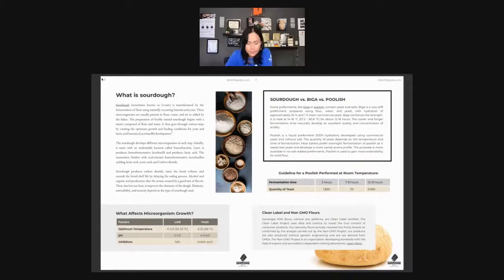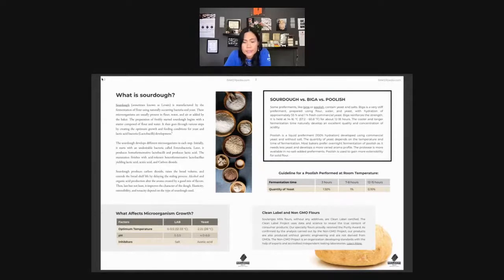And if you are wondering what is the minimal time that I could ferment something for it to be considered sourdough, you really have to test it yourself.